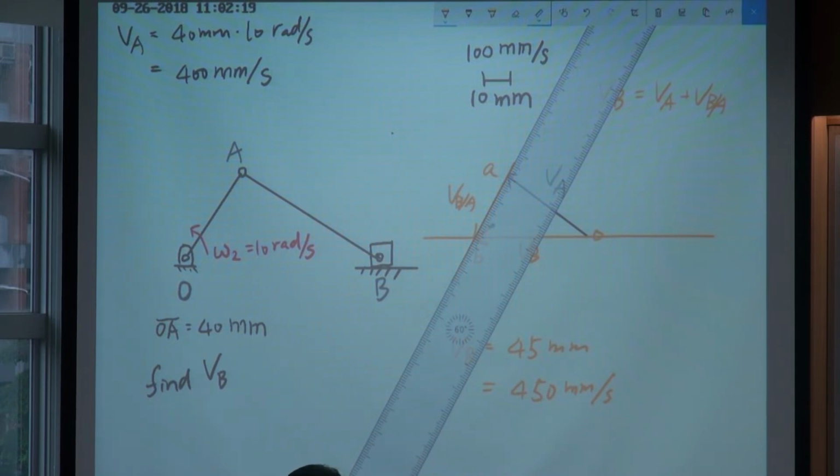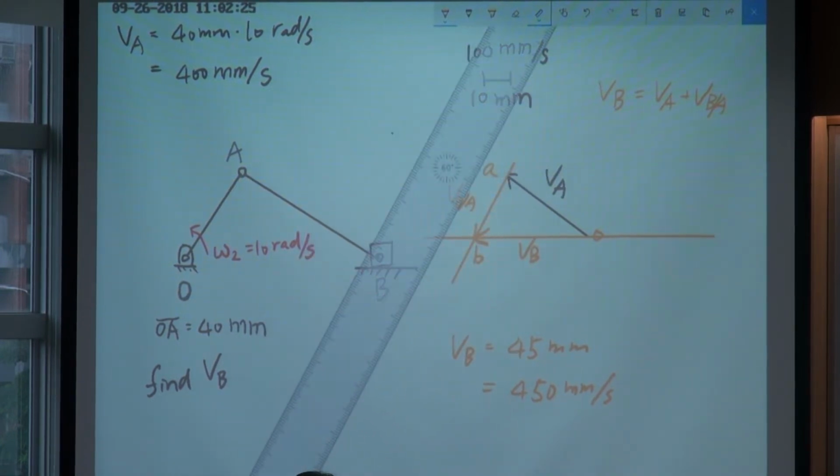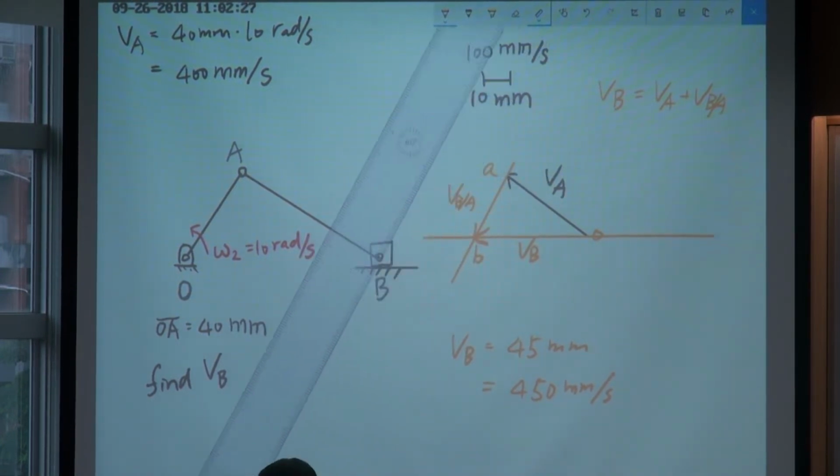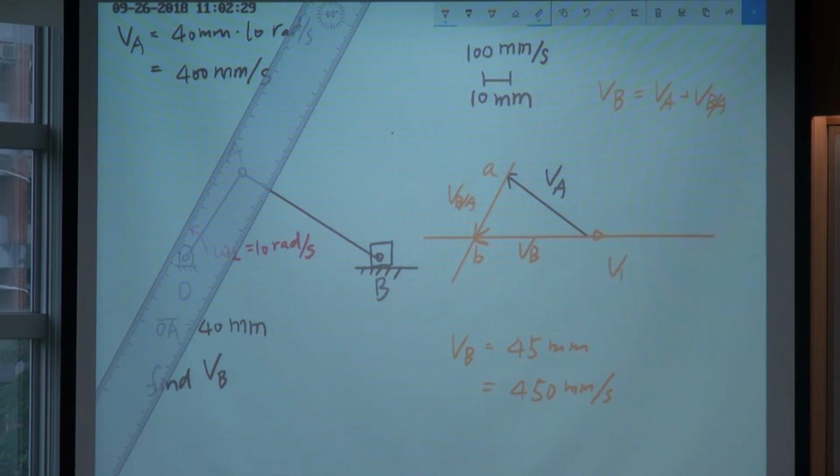It's 27 millimeter, so it's 270 millimeter per second.